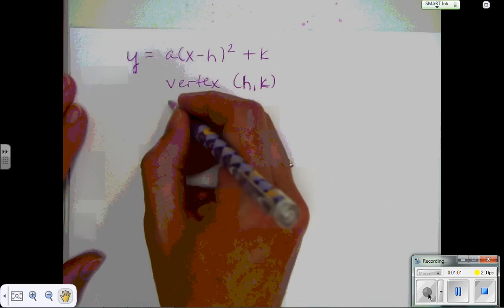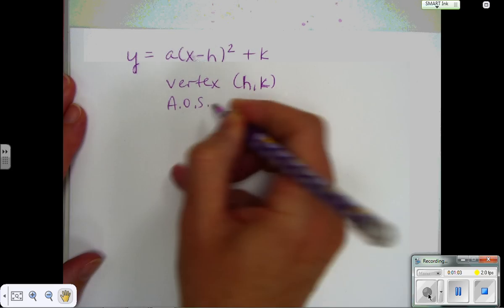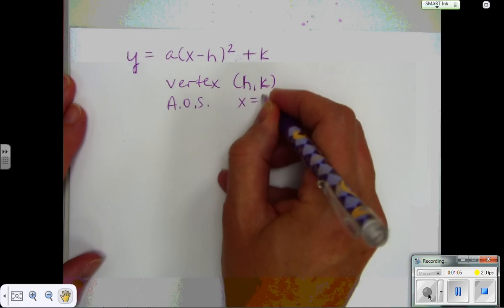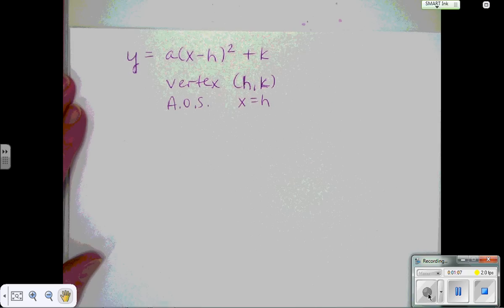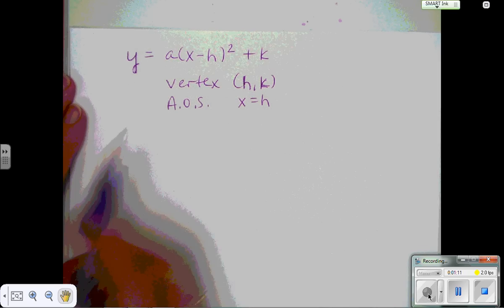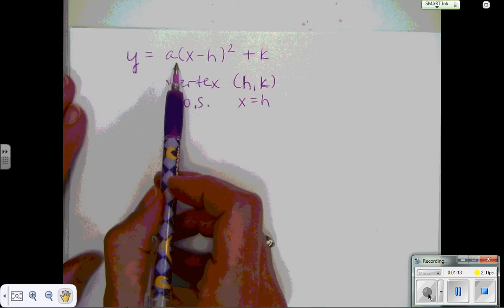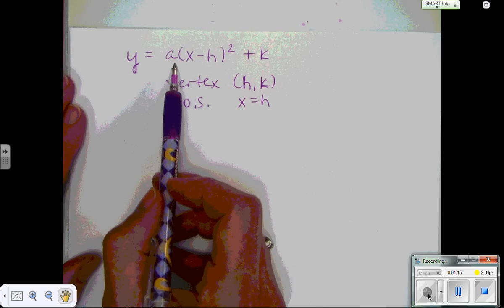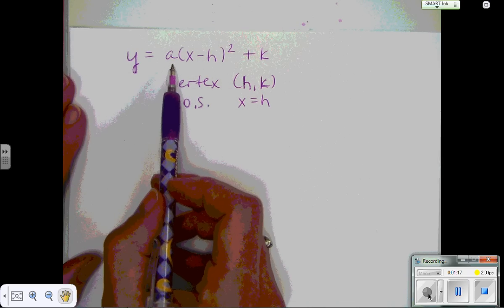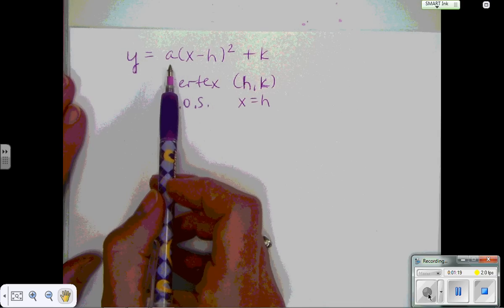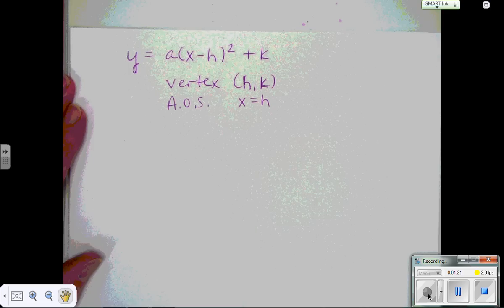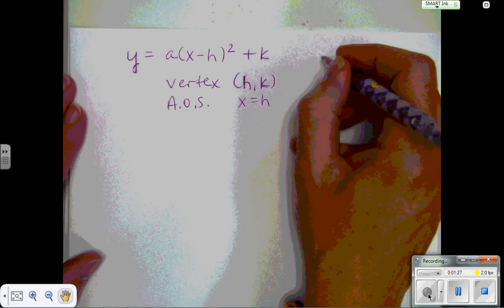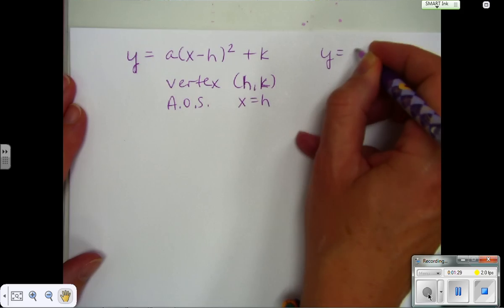The axis of symmetry is x = h, and the number a in front of the binomial squared determines the shape or the size of the parabola. Okay, so when the equation of the parabola is written in vertex form, you can compare it easily to the parent graph of y = x^2. So y = x^2 is the parent graph.